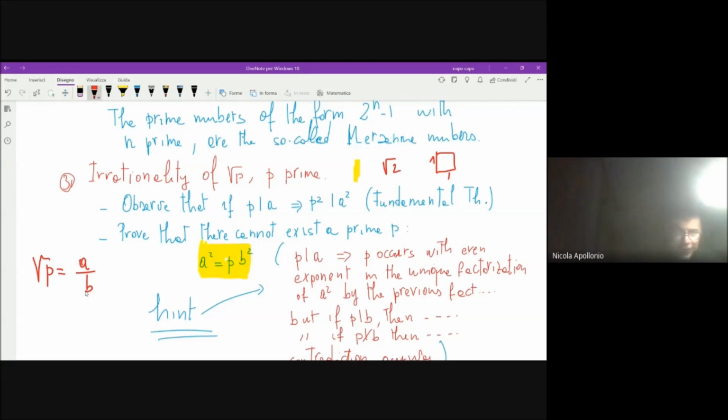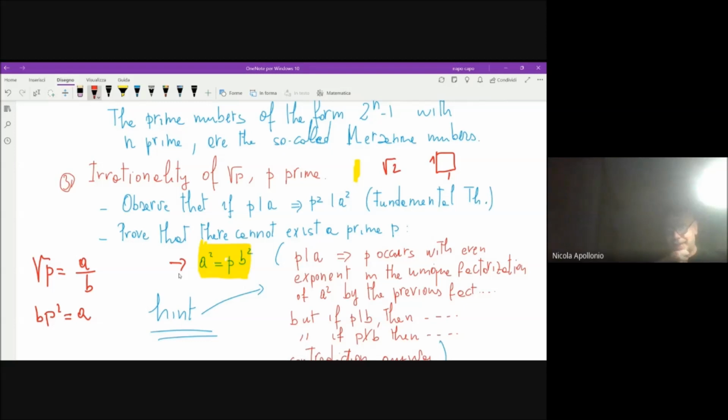So of course, if this is true, it is true that B squared times P is equal to A squared. Now let us focus on this identity and think of the fundamental theorem, the unique factorization.